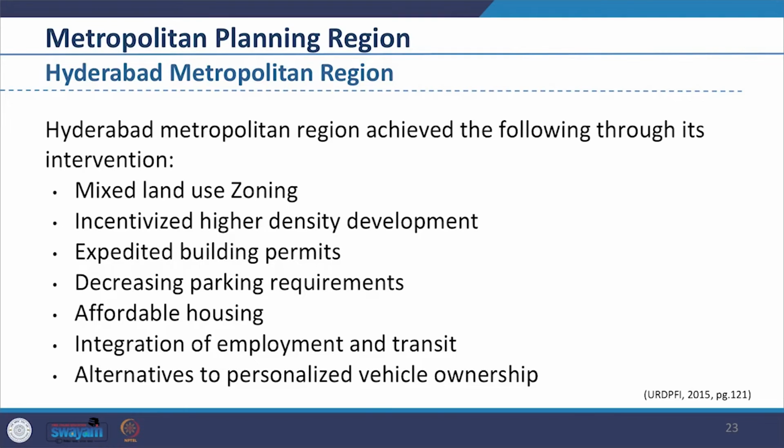With this transit-oriented development plan, Hyderabad Metropolitan Region could achieve the following specific things through its intervention. They were able to achieve mixed land use zoning, incentivized higher density development, expedited building permits, and decreased parking requirements.